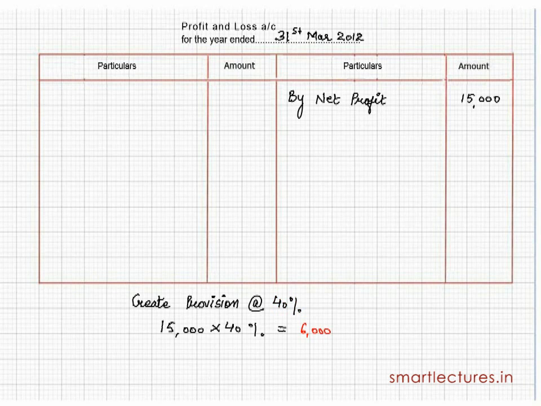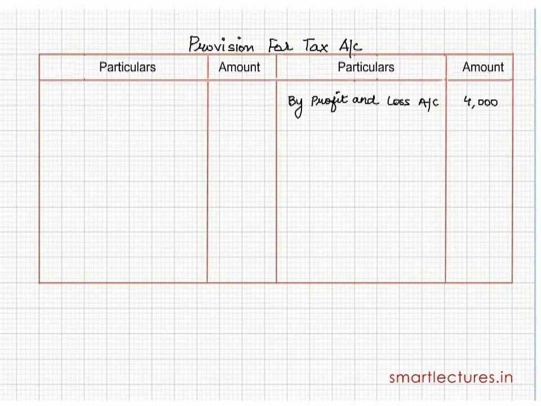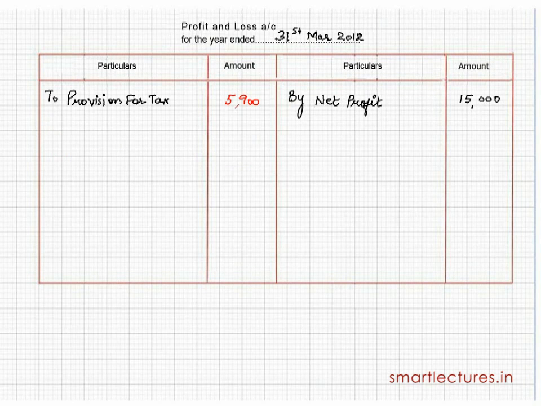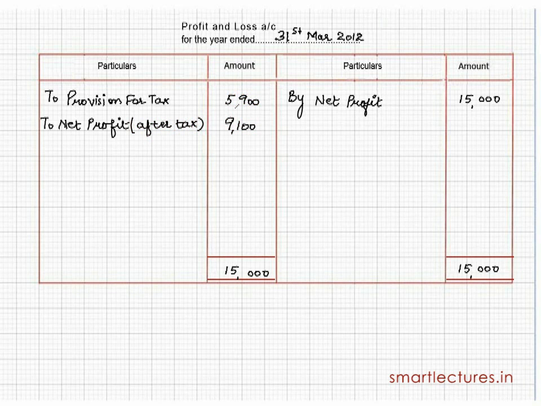Last year you created a provision of rupees 4,000, but you had to pay only rupees 3,900. So 100 rupees of provision is still lying with you, and you have to maintain it at 6,000. So you need to create only 5,900 rupees. So provision for tax 5,900 to net profit, and in brackets you can write after tax 9,100. This is how the system goes on for the coming years.